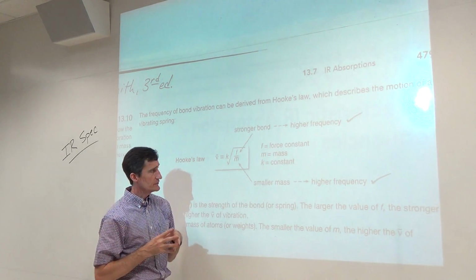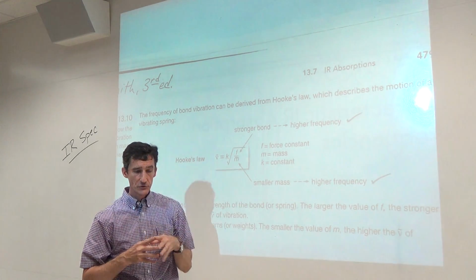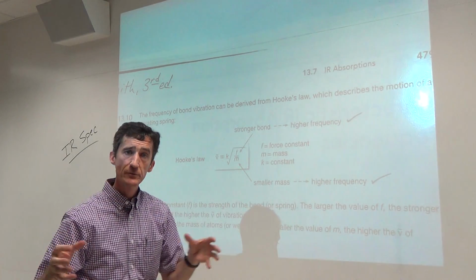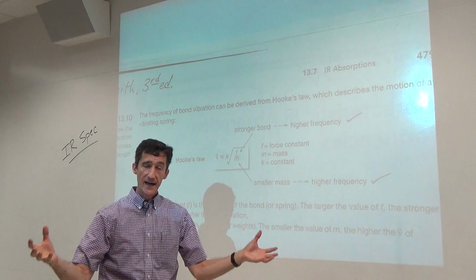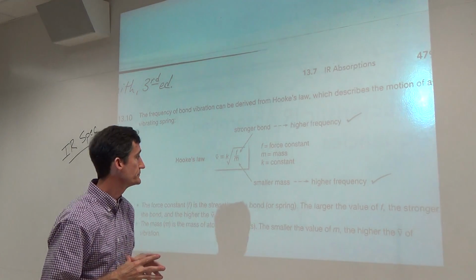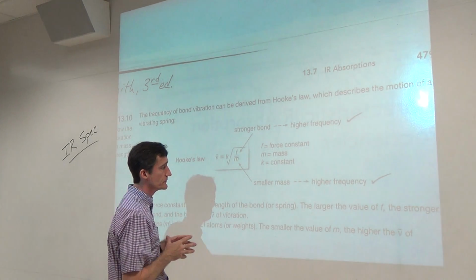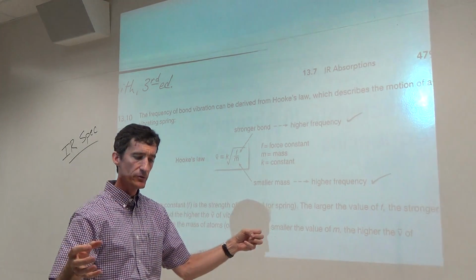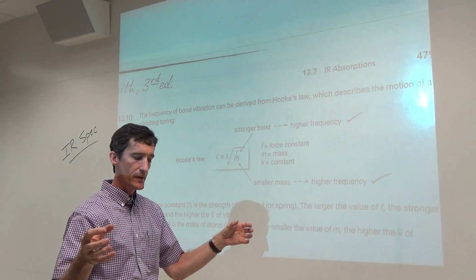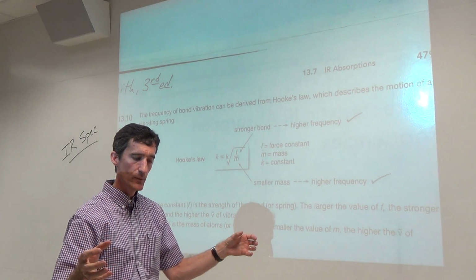Smaller mass: in physics you'll put different types of weights on the end of your springs. In chemistry you'll have different sized atoms on the end of your bonds. Okay? Now let's think about it. What if you put two huge atoms on the end of your bond? Two huge high molecular weight atoms.